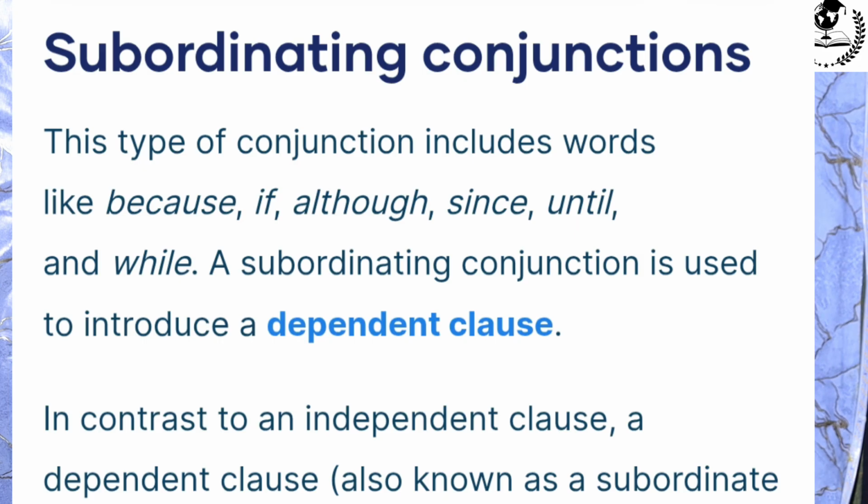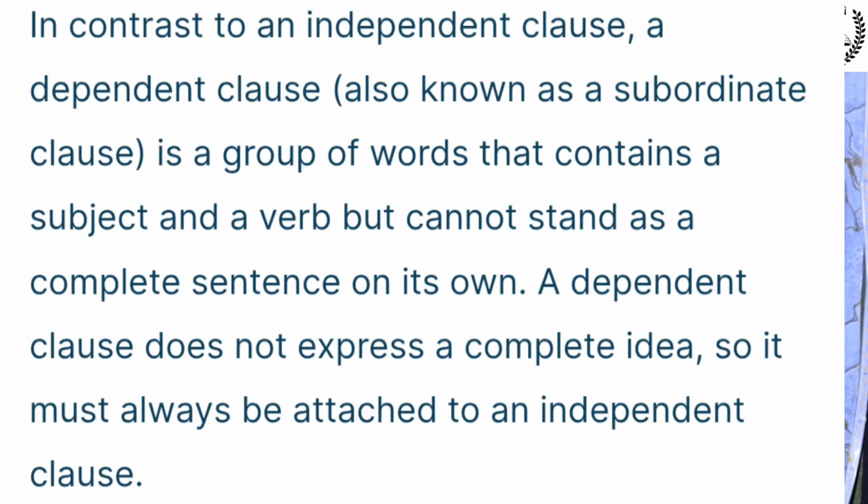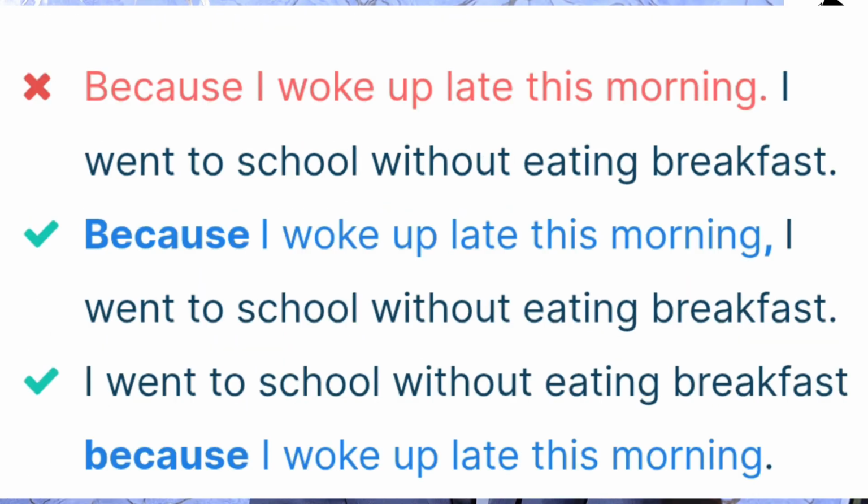In contrast to an independent clause, a dependent clause, also known as a subordinate clause, is a group of words that contains a subject and a verb but cannot stand as a complete sentence on its own. A dependent clause does not express a complete idea, so it must always be attached to an independent clause.